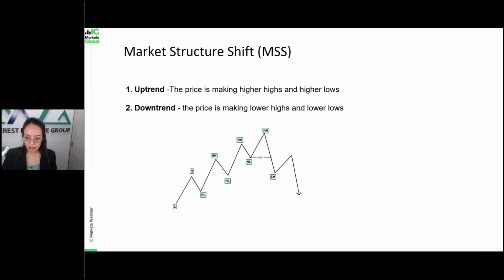They create a new lower low, and this should be a lower high.